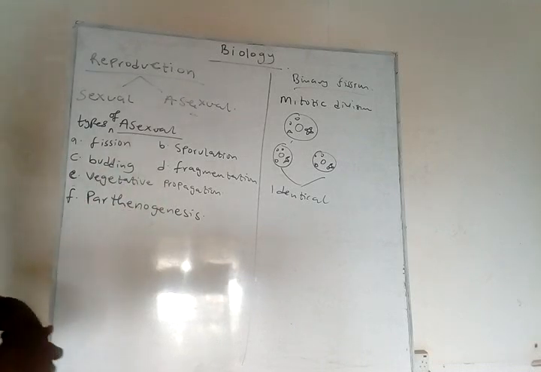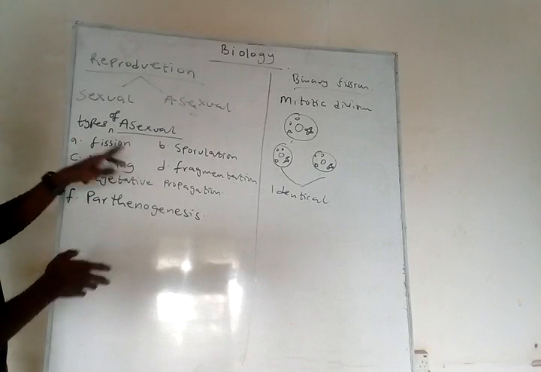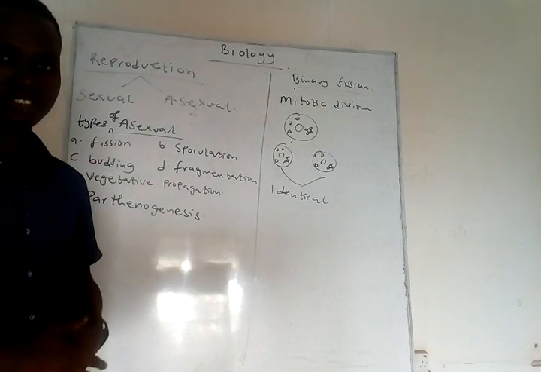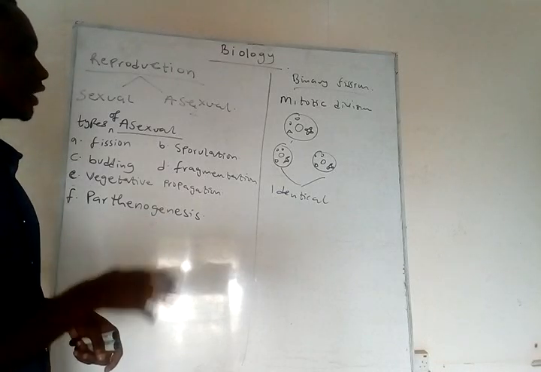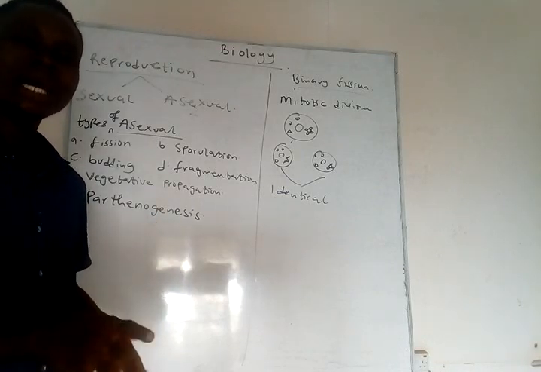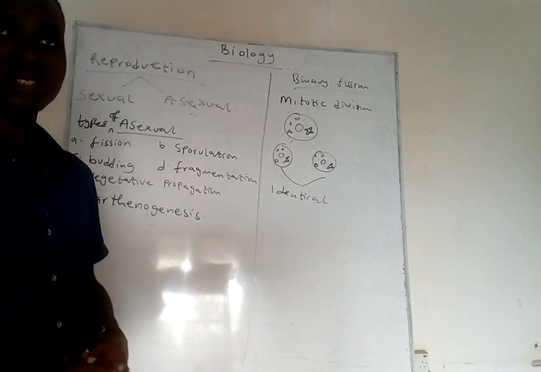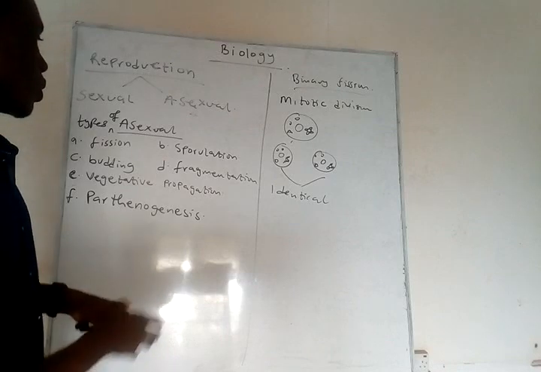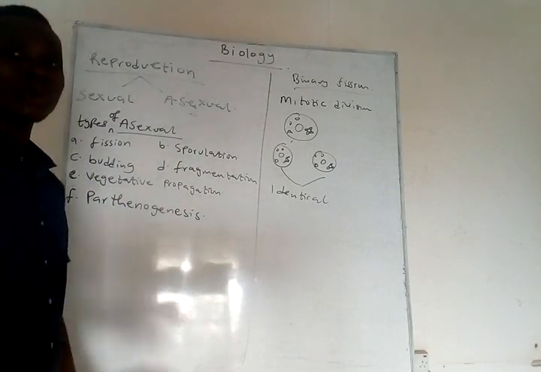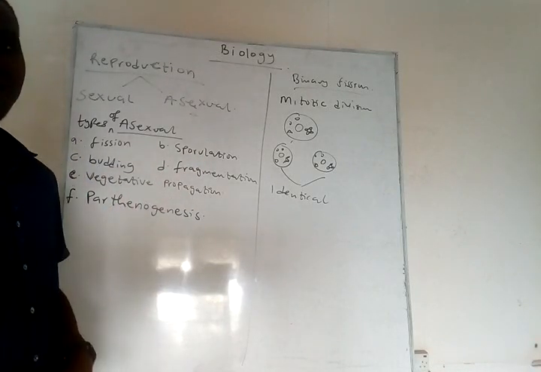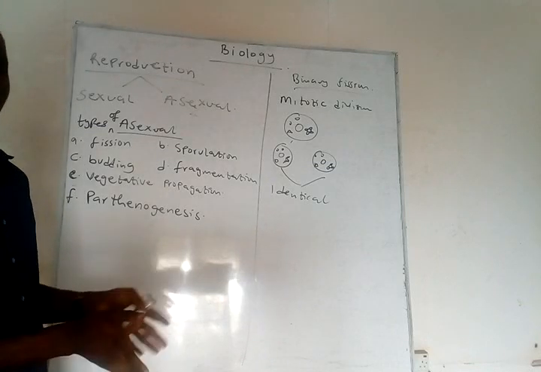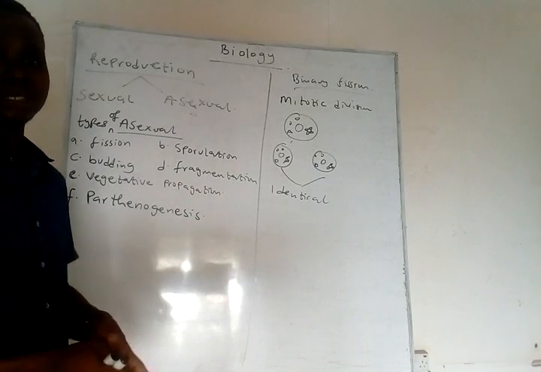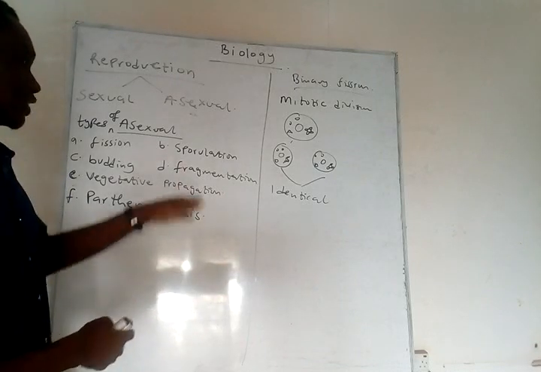Sporulation is also a form of fission, but it occurs during unfavorable conditions, where the organism, let's say, dries out. During sporulation, the organism will just continuously divide. So after the unfavorable condition is over, the organism will become multiple. There will be multiples of that organism. That's basically sporulation.